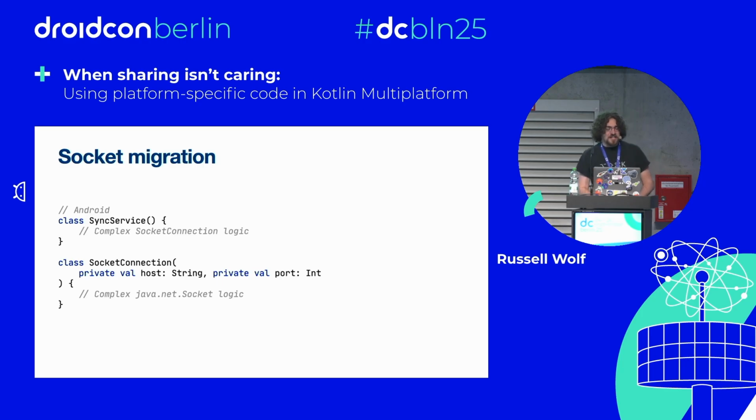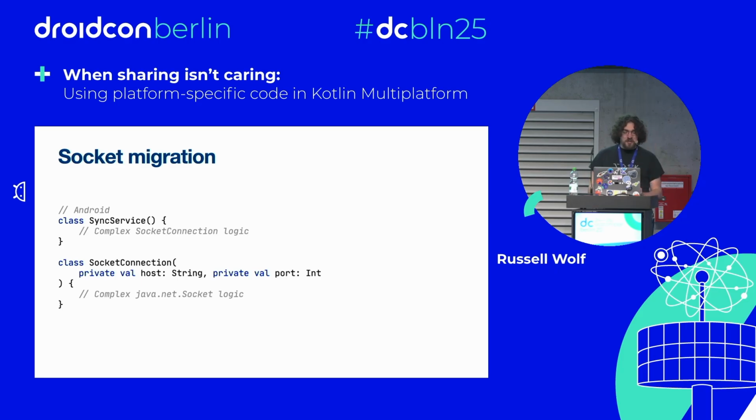One project I had a couple of years ago was one of those examples of a bunch of existing Android code that we wanted to move over into iOS land. We had this big sync service class that was in charge of the business logic of this data synchronization operation. And it talked to this socket connection class that was lower level, talking to a lot of Java socket APIs.